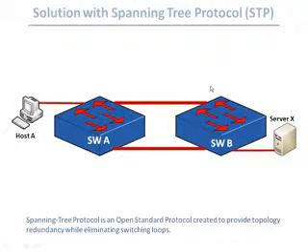Well, the solution to all the redundant topology problems is something we call spanning tree protocol, or just STP. The way spanning tree protocol operates is by blocking one of the redundant paths, or probably all the redundant paths, and leaving only one way of communication between the devices.